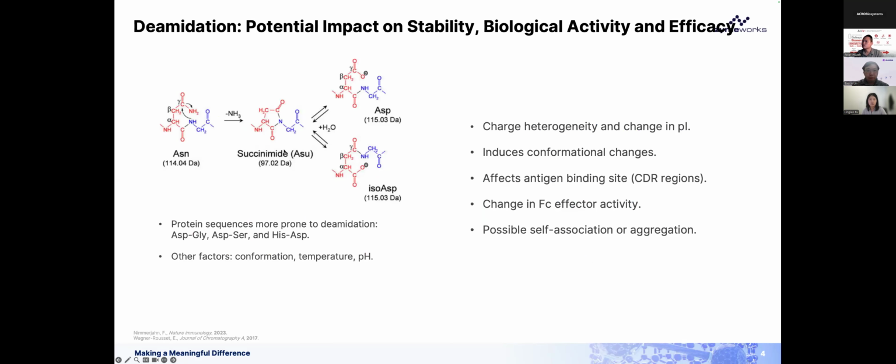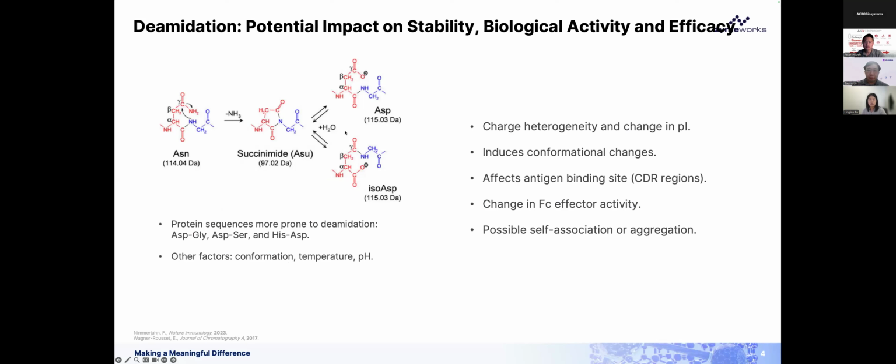One of the unfavorable post-translational modifications is deamidation. Deamidation is when asparagine deamidates into aspartic or isoaspartic acid, resulting in change in charge. Asparagine that is close to glycine, serine, and histidine usually tends to have deamidation. In addition, storage conditions such as pH or temperature could lead to deamidation as well.